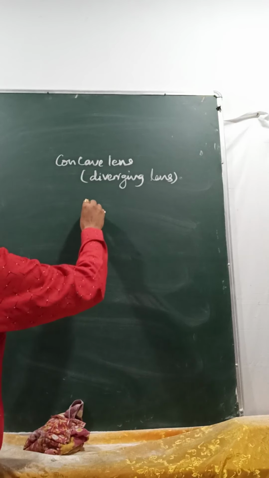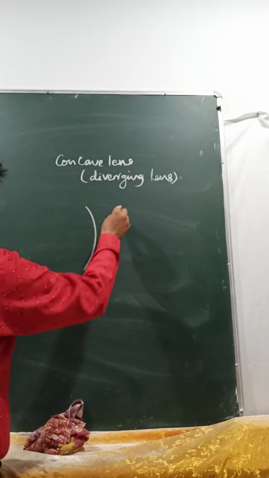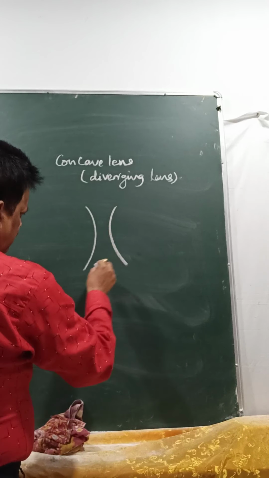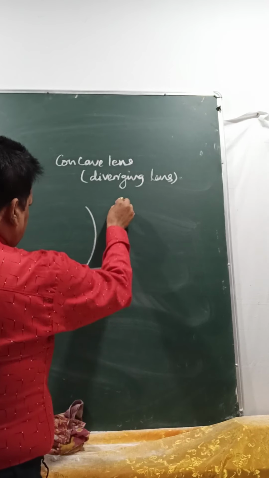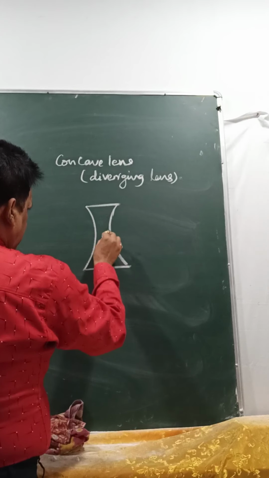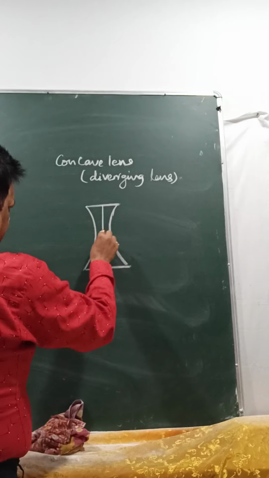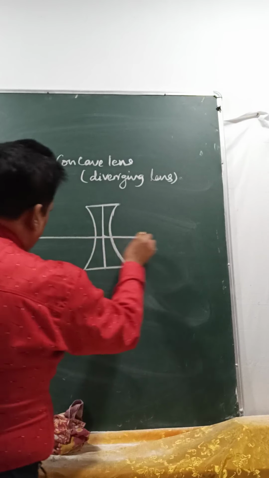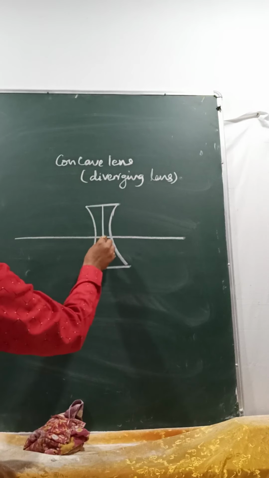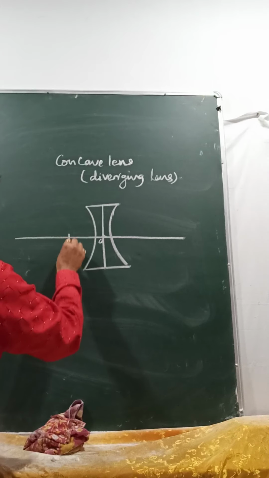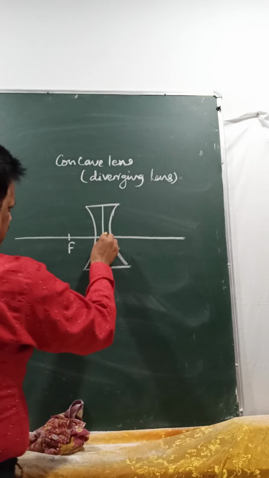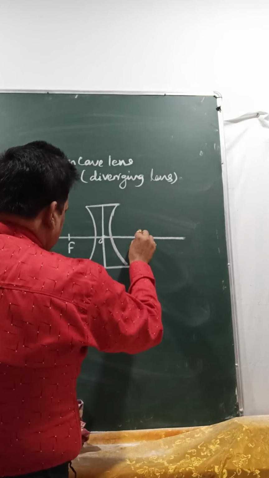So I have already told you the shape of this lens. The middle portion is thinner than the other two portions, the end parts. Now look here, the same concept. Here is focus, again here is a focus.